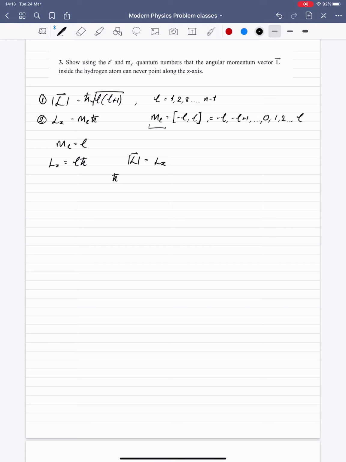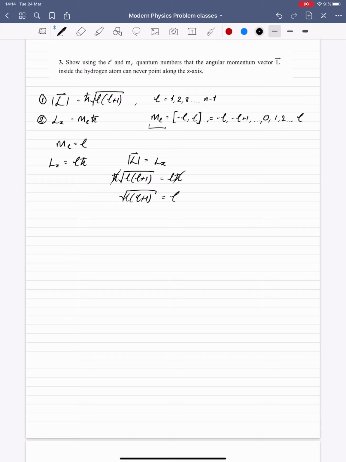Well, on the left-hand side, we have h bar multiplied by the square root of l times l plus 1, which is equal to, again, taking the maximum value, l h bar. The h bars cancel out, and we're left with this equality: the square root of l times l plus 1 is equal to l here.